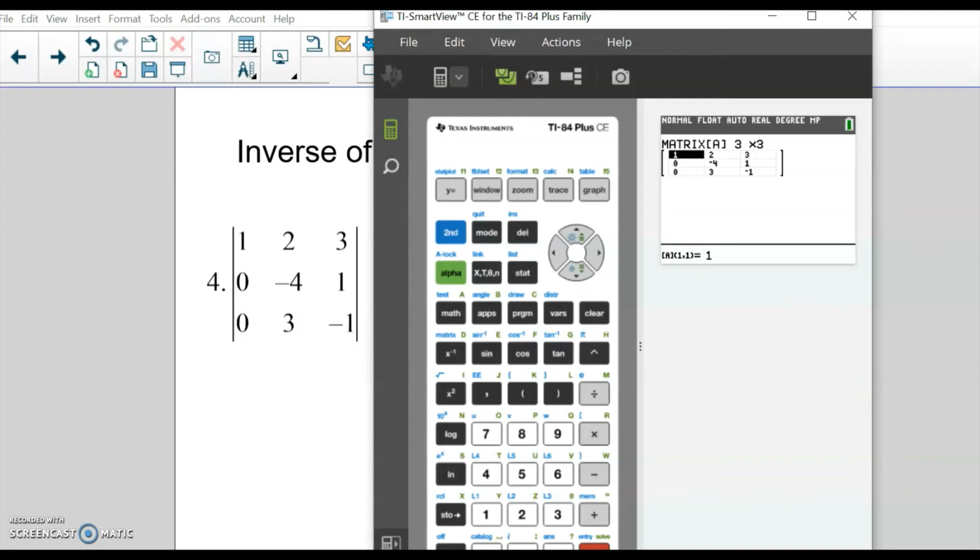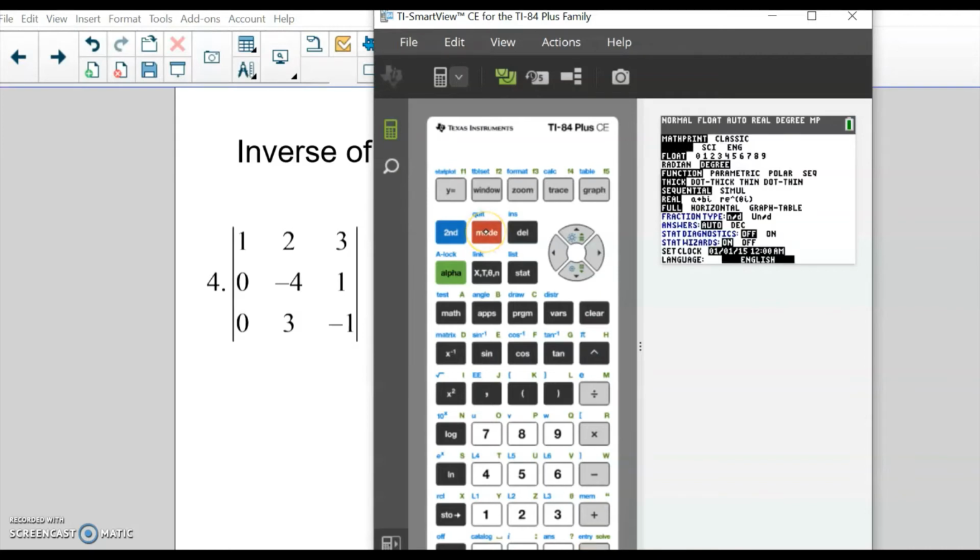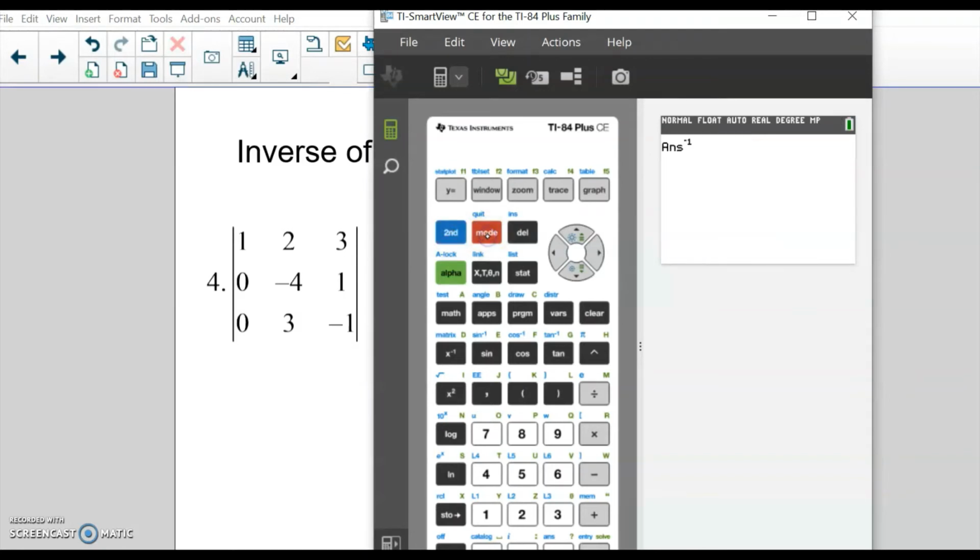At this point, we need to quit. On top of the mode button, there is the word quit. So we want to hit second, quit, and it just takes us back to the main screen. Here in the main screen, we're going to go back to second matrix. We'll move to the right one, to the math tab.